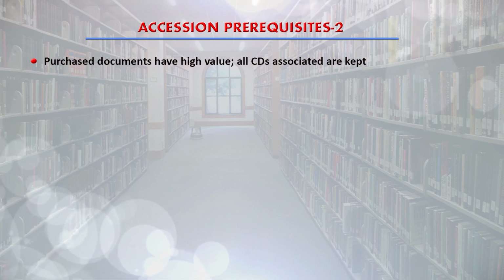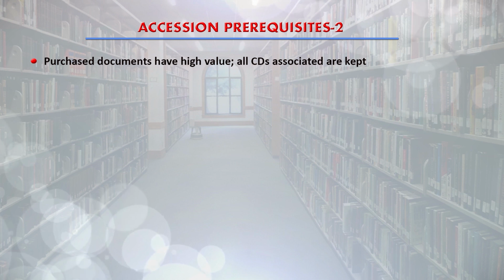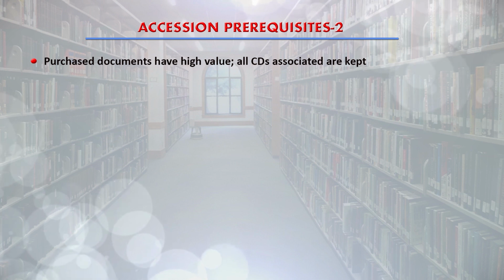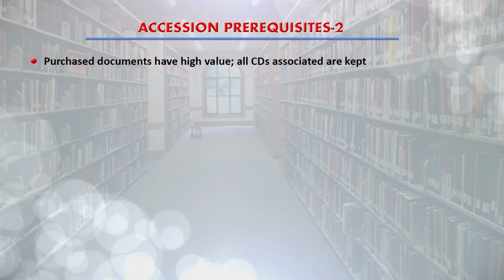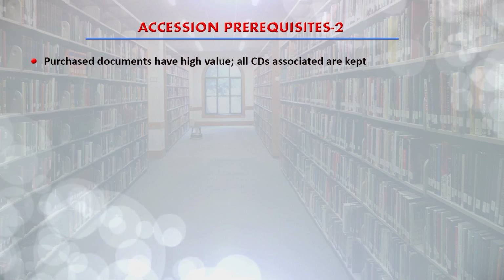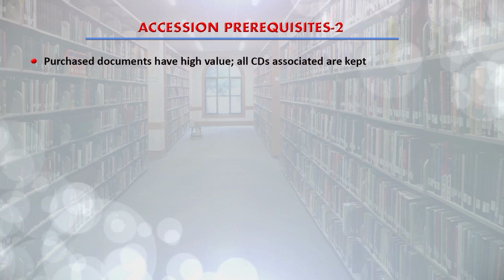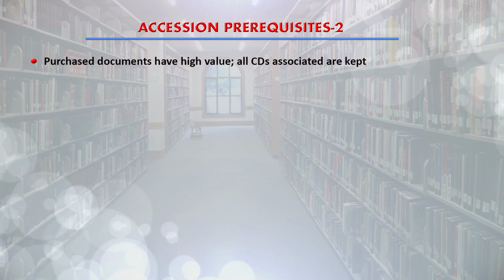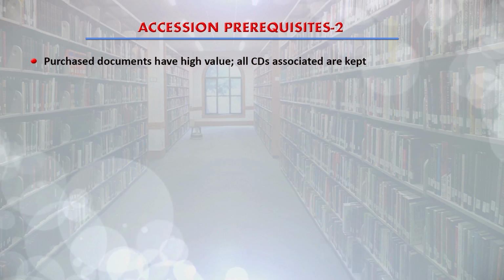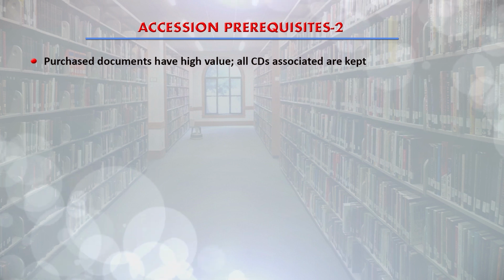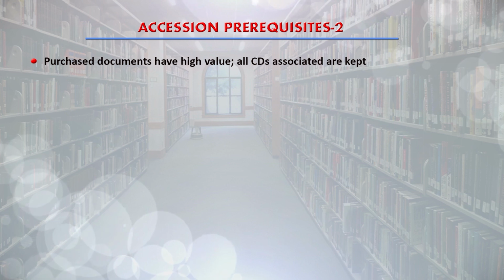Those things need to be accessioned and properly put in the library. But we receive so many things as gratis or in exchange programs or as a membership, and different organizations send us, or different publishers send their catalogs and what not.